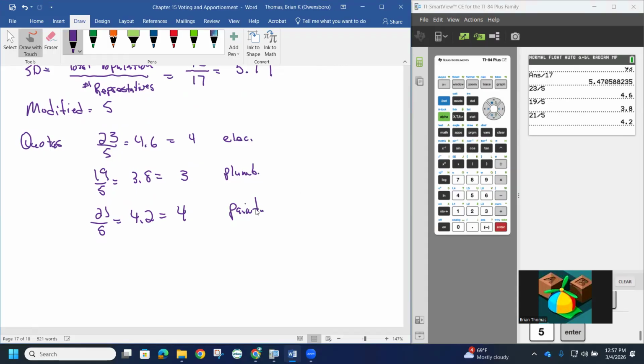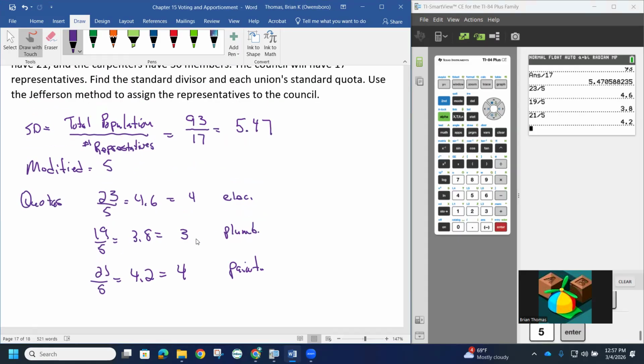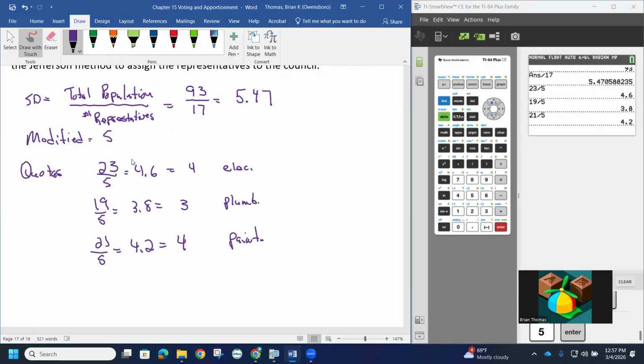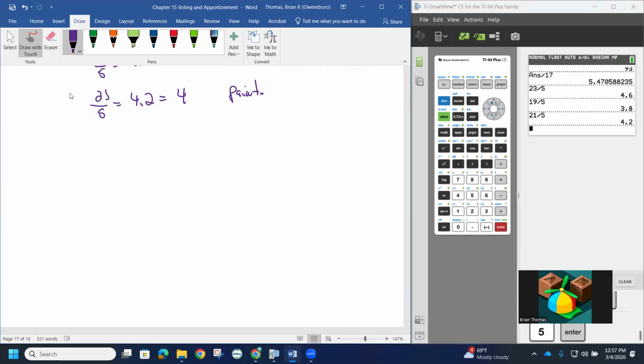Try to abbreviate a little bit. And then lastly, we had 30 carpenters. 30 divided by 5, well, we know that's actually 6. So it doesn't round. So that's going to be 6 carpenters.